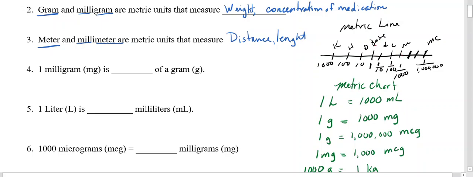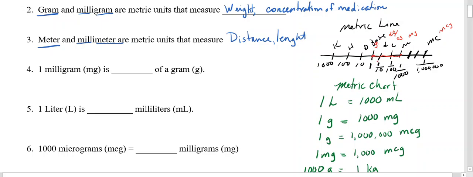If I say my base is grams, this would be decigrams, centigrams, milligrams, micrograms. So if I want to know 1 milligram is how many of a gram, that means I'm going to go 1, 2, 3 places back.